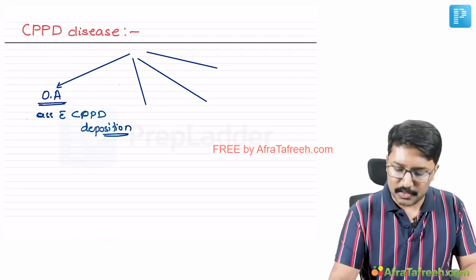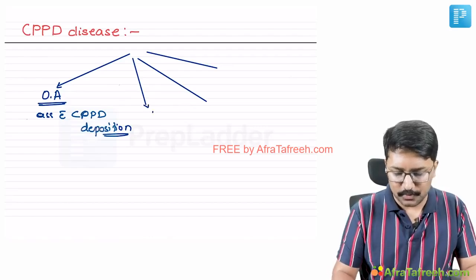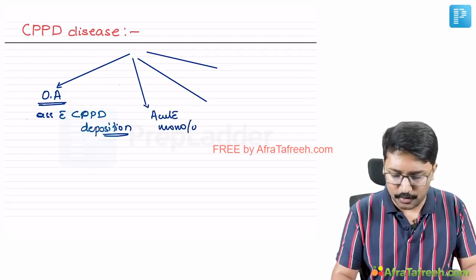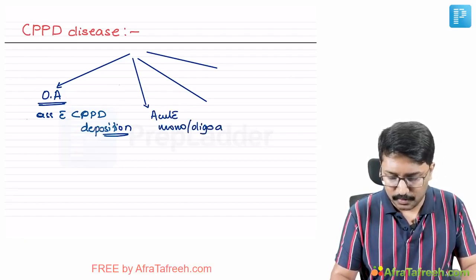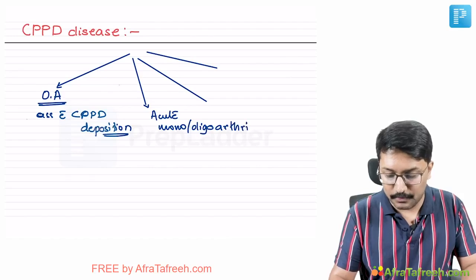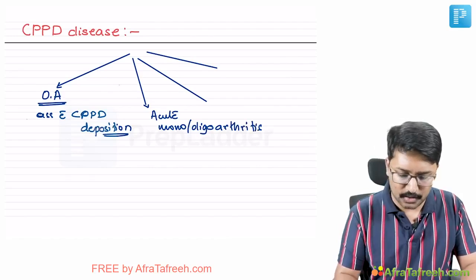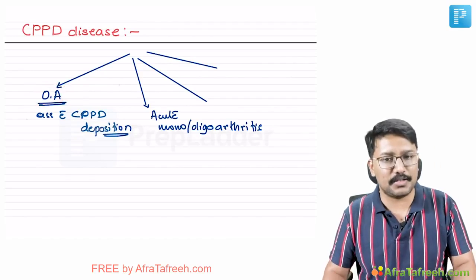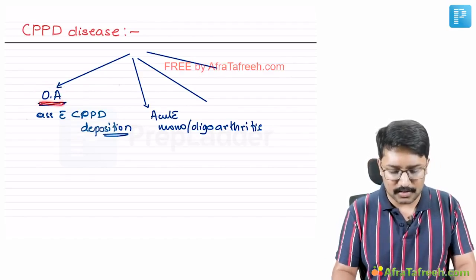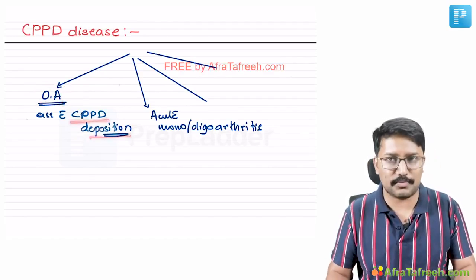Okay, but some of these patients can present in the form of acute mono or oligoarthritis, which is usually inflammatory. Now, osteoarthritis as such is a non-inflammatory condition. The only thing is osteoarthritis started and then there is CPPD deposition, right?